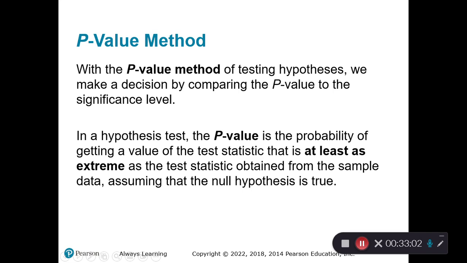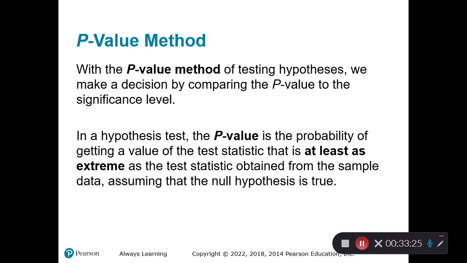Now, let's talk about the p-value method. With the p-value method, after we compute our test statistic, we are going to find the area under the curve that exceeds that test statistic. And by exceed, if the test statistic is in the right tail, then we're looking at area to the right.